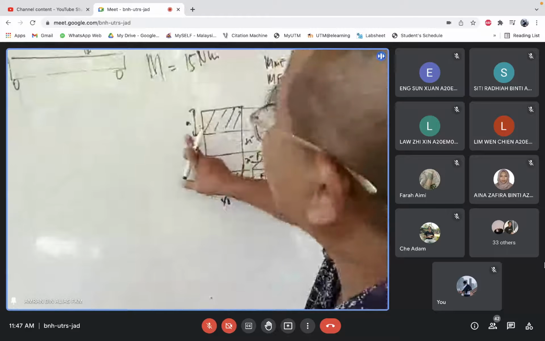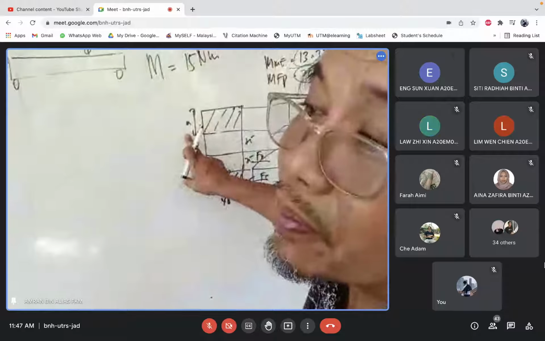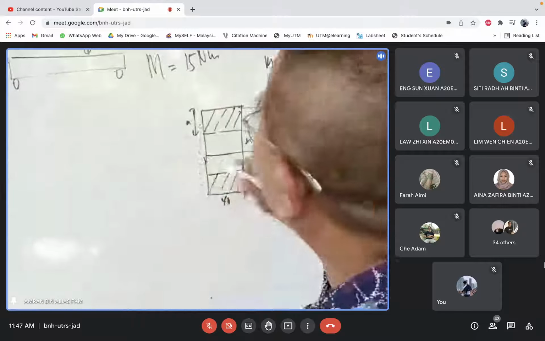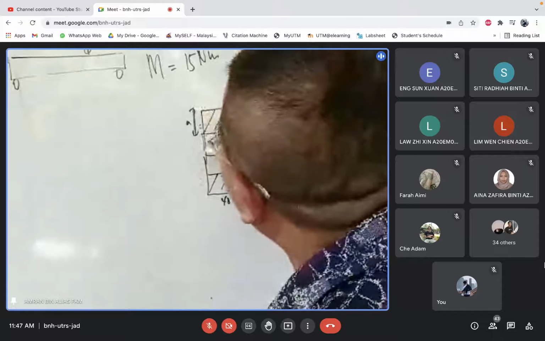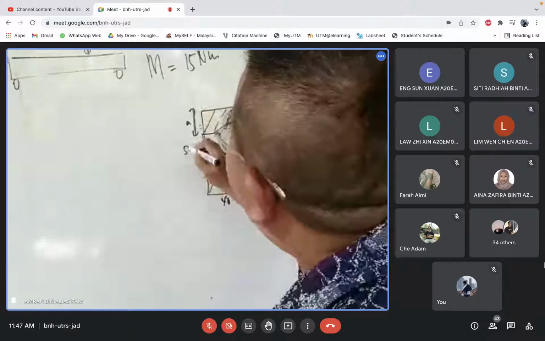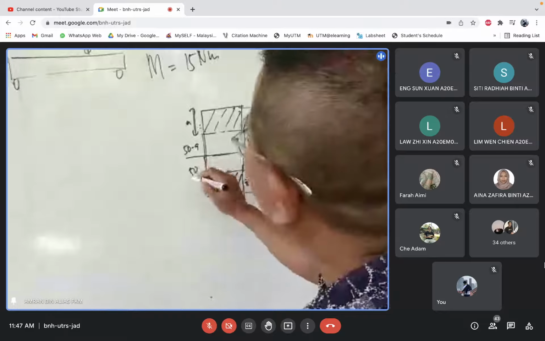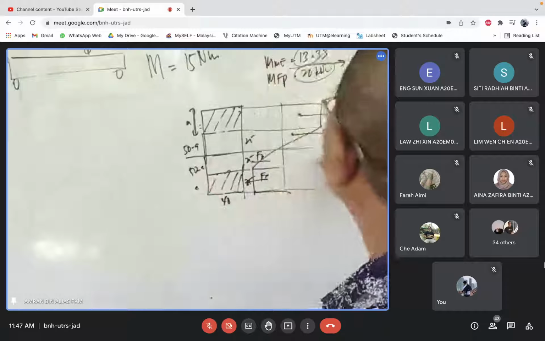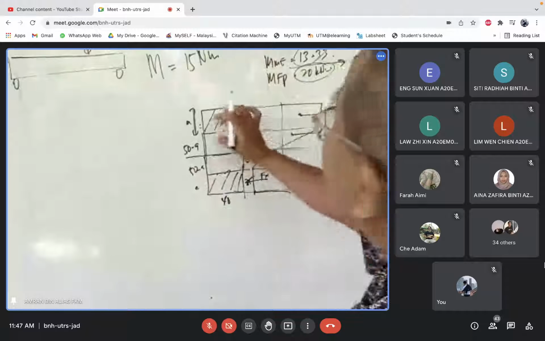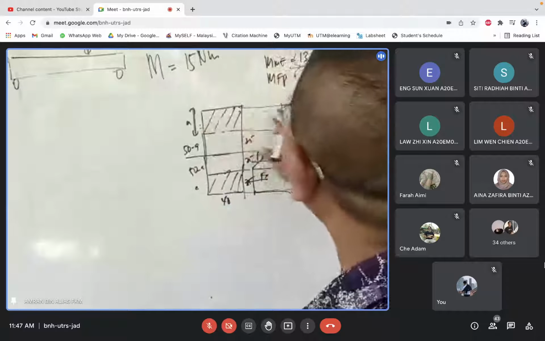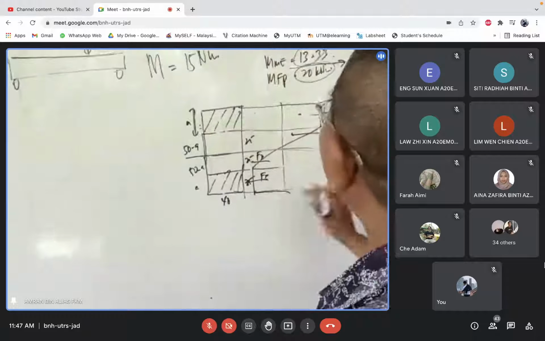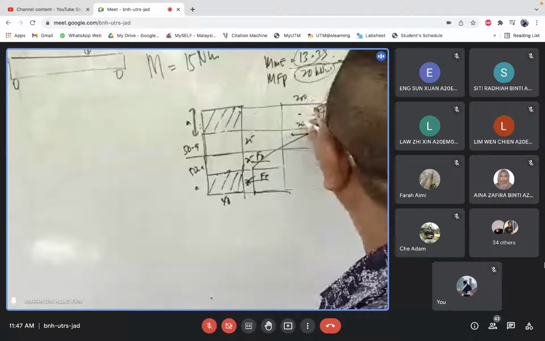I don't know my height, right? But if that is A, what is this? 50 minus A. So that is A, this is 50 minus A. This is 200, 200, this is 0.